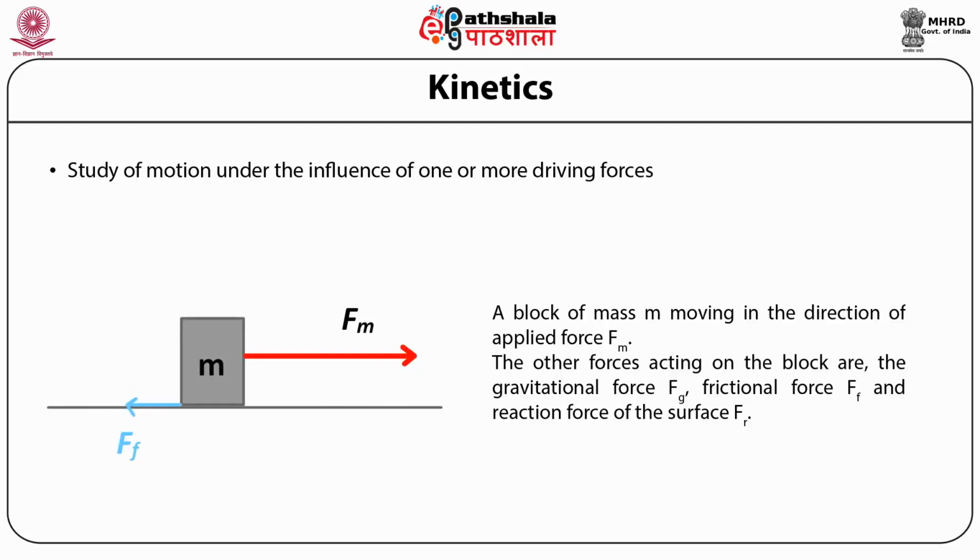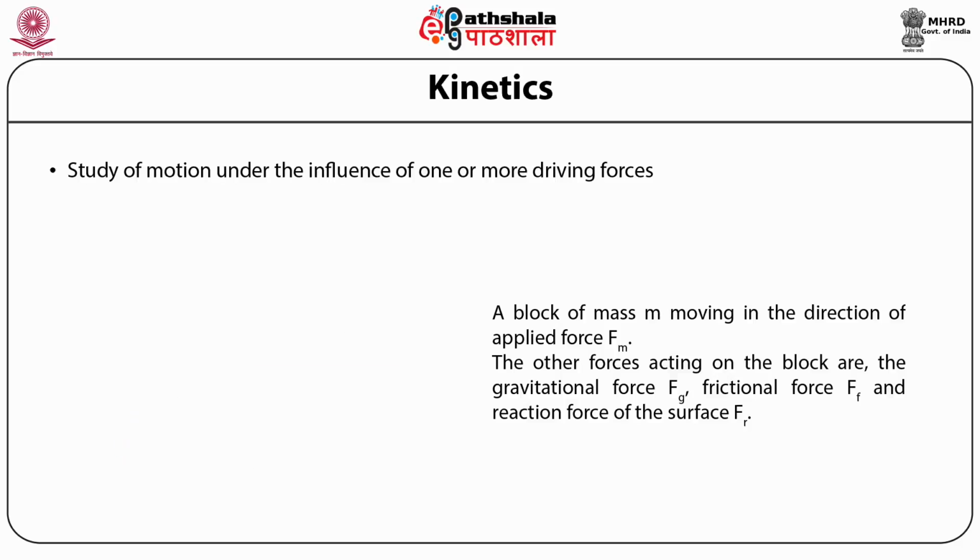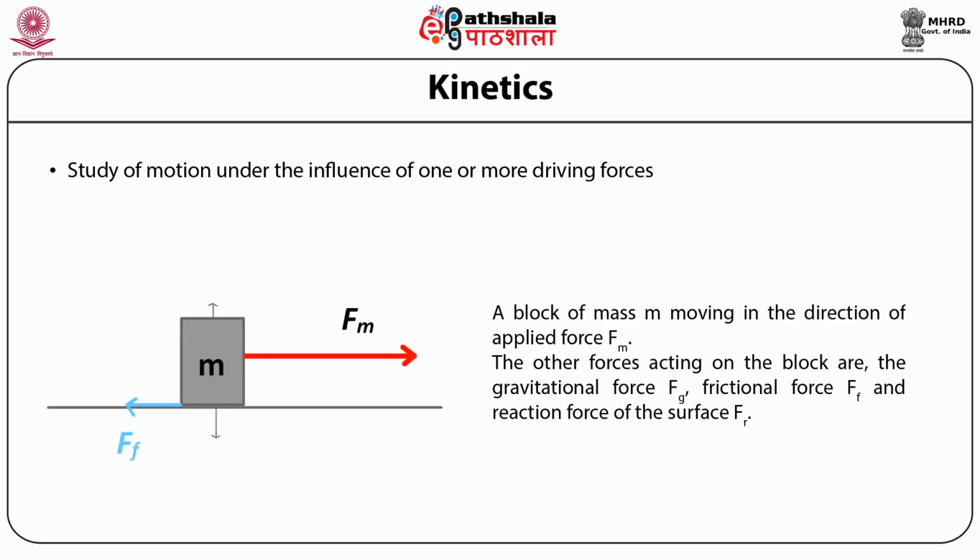The third force is the forward force Fm, which is applied externally, and the fourth and last force is Ff, that is the force which gets developed due to the motion and the friction between the body and the ground. So when all these four forces are balanced, there is no net motion.